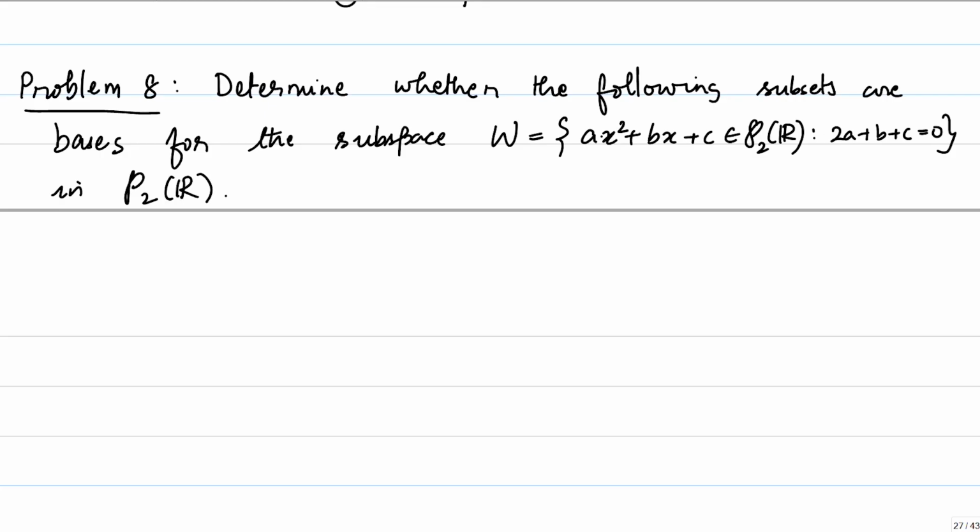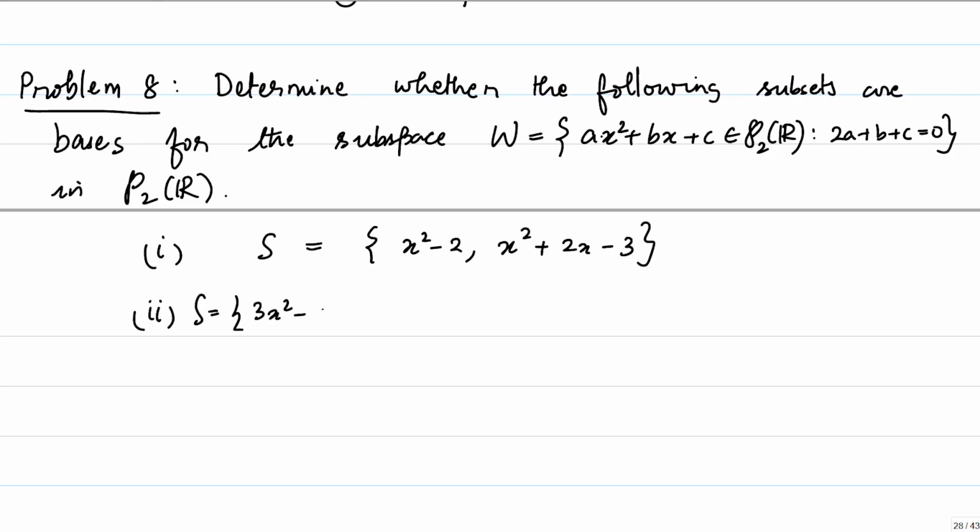So what are the sets? Let's see. The first set is S, which is given by x square minus 2x square plus 2x minus 3. The next is S equal to 3x square minus 2x minus 1. So this is 2a plus b minus c.